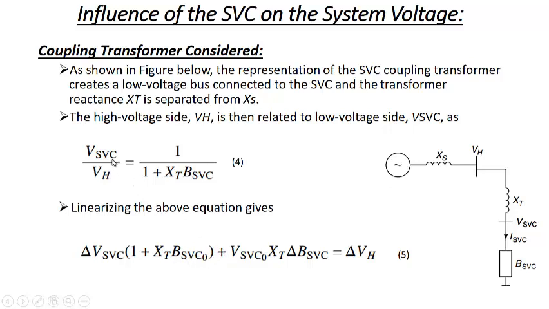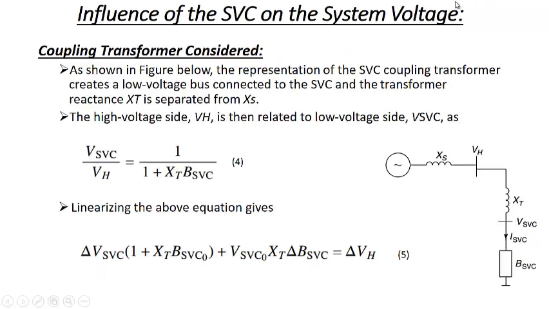Now we are keeping this constant, that's VSVC naught, and we are differentiating this term. This will be 0. This will be equal to XT into delta BSVC. That is equal to delta VH. We have to actually find out the variation of this VH due to the variation of delta VSVC. We have already done this for the SVC without coupling transformer. Now we'll see how the coupling transformer makes its presence felt.